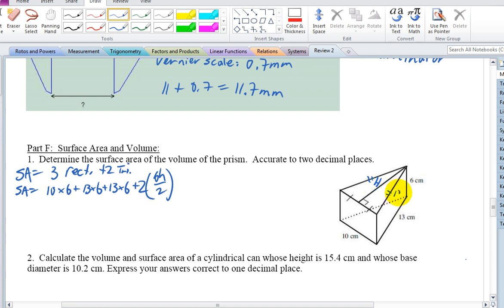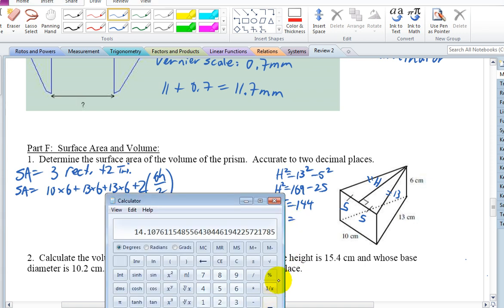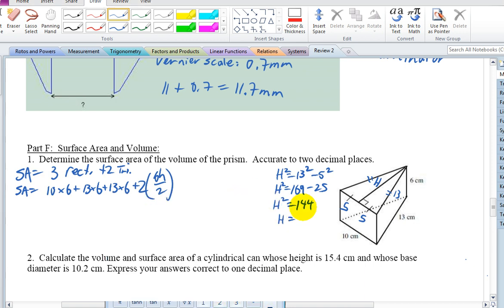This measurement is 13, this measurement here is 5, and so we can do Pythagoras. h squared equals 13 squared minus 5 squared. So h equals 12. Okay.